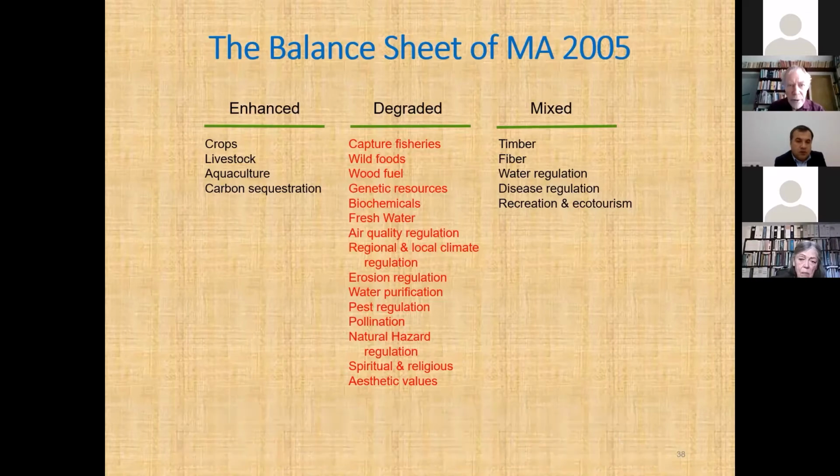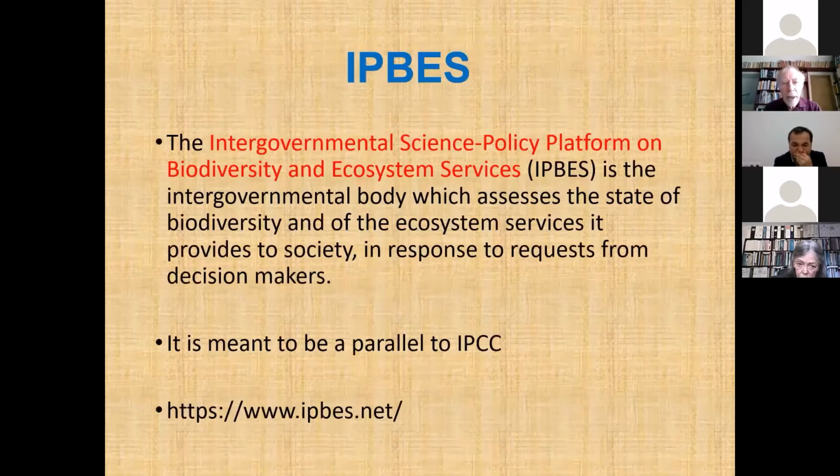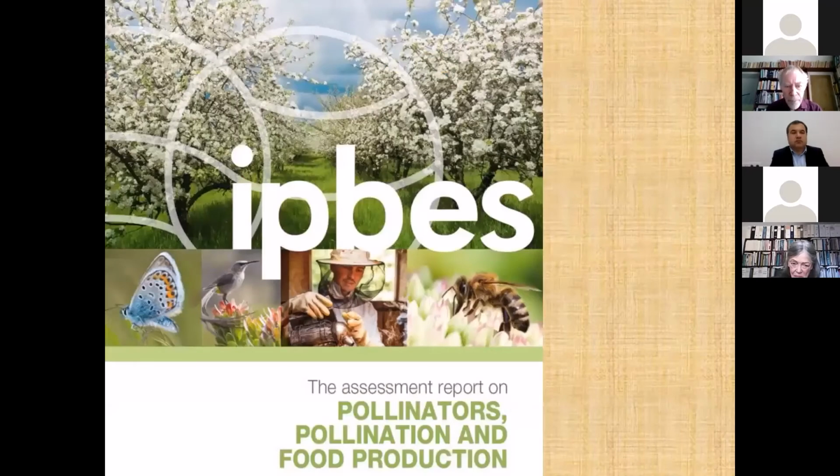This report was later followed up by IPBES, the Intergovernmental Science-Policy Platform on Biodiversity and Ecosystem Services. It's meant to be a parallel to the IPCC. It is working today. It does not produce annual reports like the IPCC, but it produces special reports. And I'm just showing one of them. It's on pollination. And you might know that pollination is a service produced by insects.